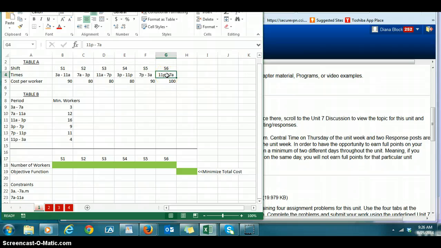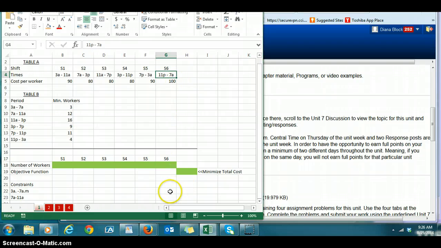So if somebody starts at 11 p.m. to 7 a.m. shift, that means they will be having start times at both 3 a.m. and at 11 p.m., right? So the start times are in 4-hour increments down here, but the shifts are in 8-hour increments up here.